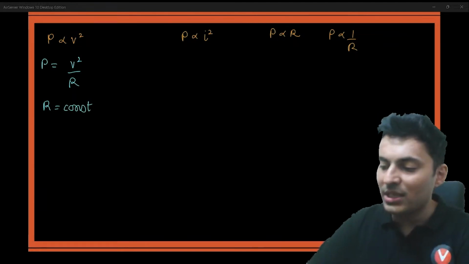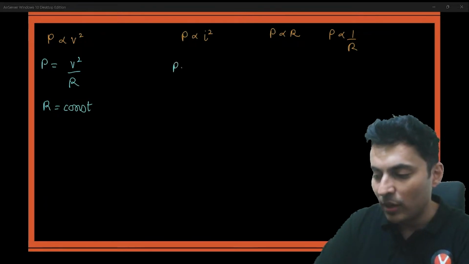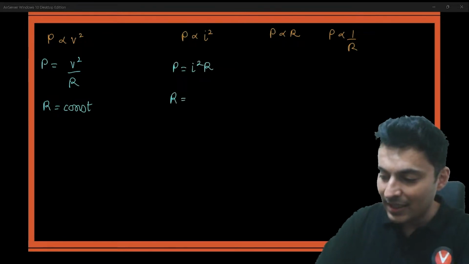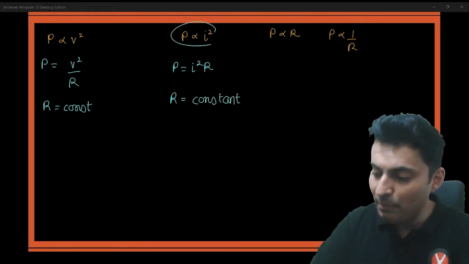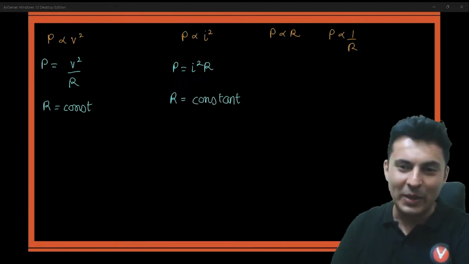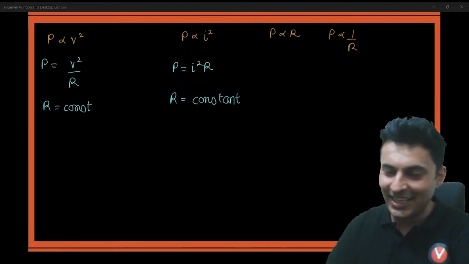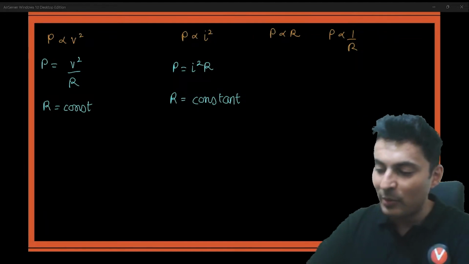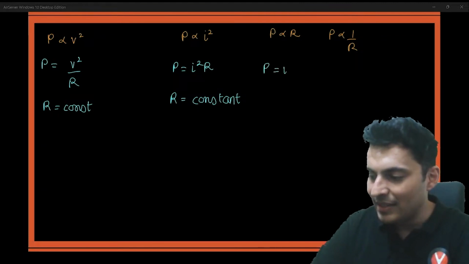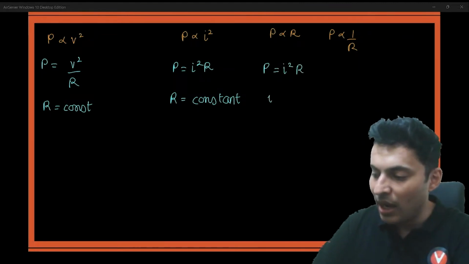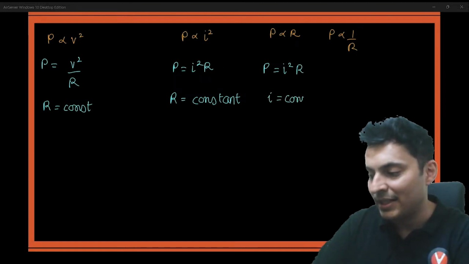When is power proportional to I square? Using the formula P is I squared R, if again resistance is constant, then power is proportional to I square. Then when is power proportional to resistance? Again, power is I squared R. Somehow the current is kept constant.